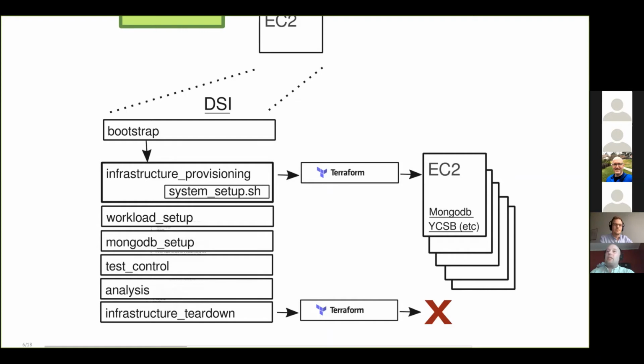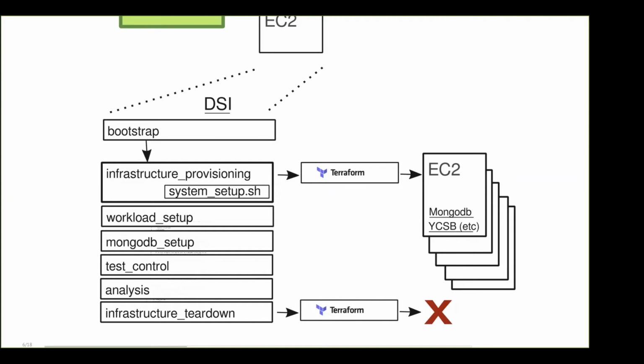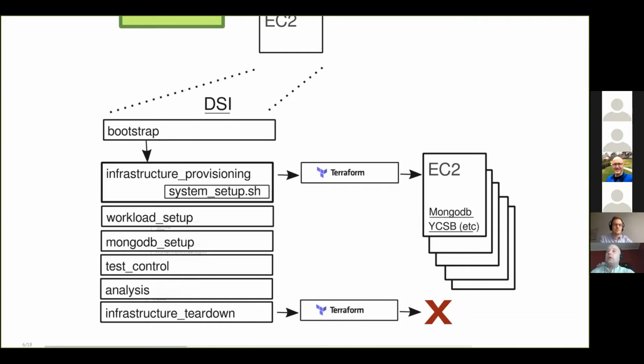I also want to emphasize that the benchmark itself, in this example YCSB, is also running on an EC2 instance. Of course, we want it to be close to the MongoDB cluster, and it might be a fairly large instance as well. If you run it manually, DSI typically runs on my laptop. So DSI orchestrates the benchmarking, which happens then in the cloud.